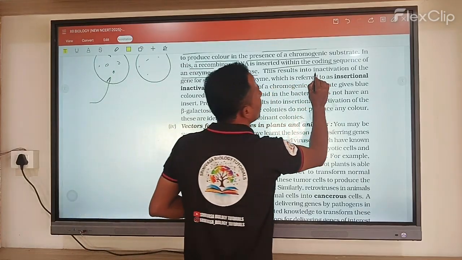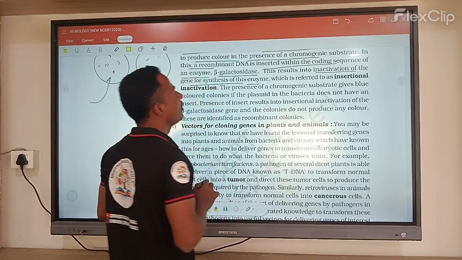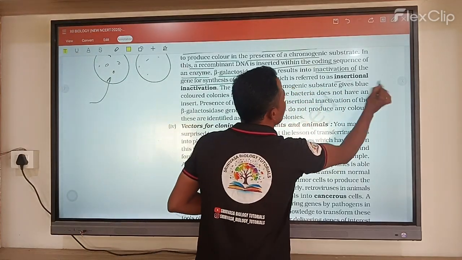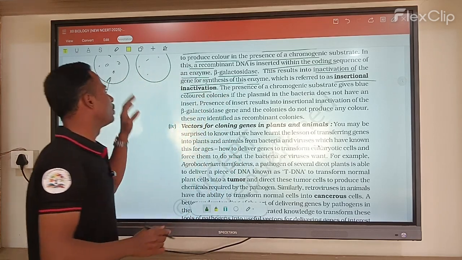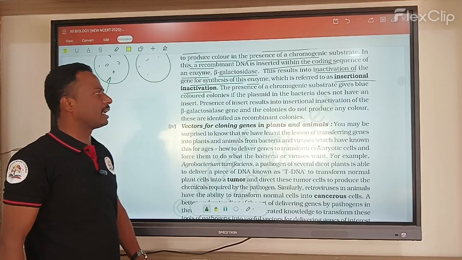The result is inactivation of the gene synthesizing the enzyme. When the synthesis is stopped, that is called insertional inactivation.